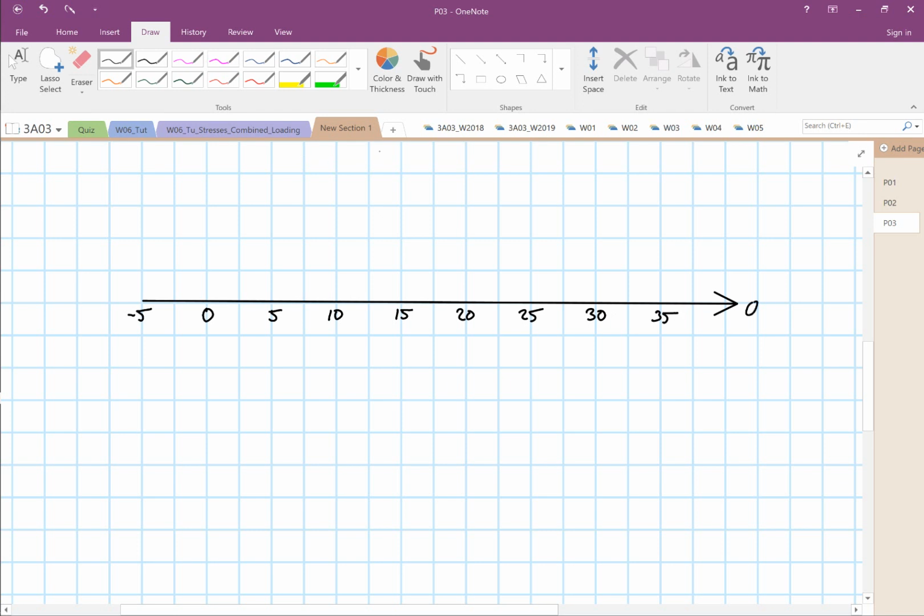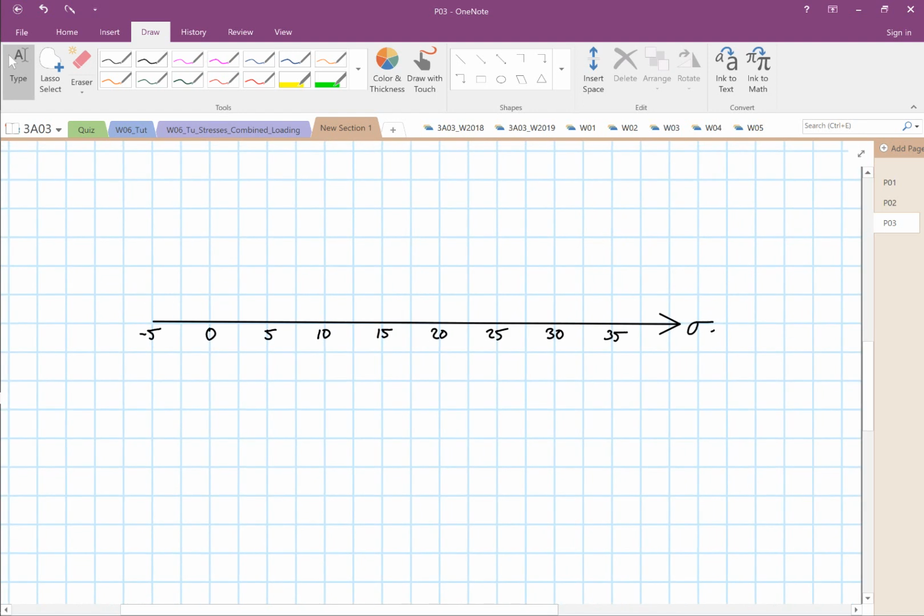This is our normal stress, and the scale we use for the normal stress and shear stress has to be the same. Then you will get a circle.